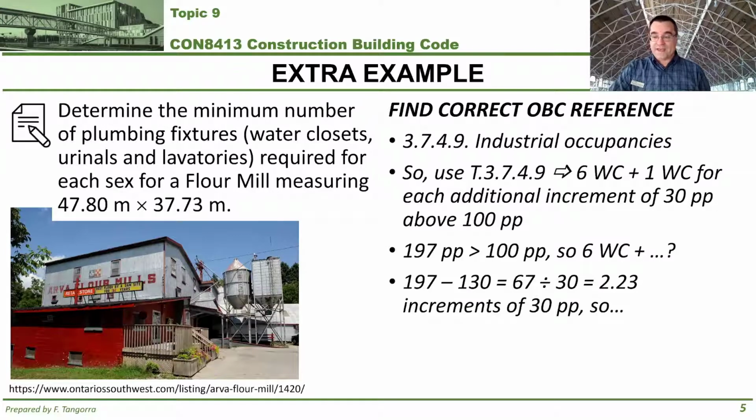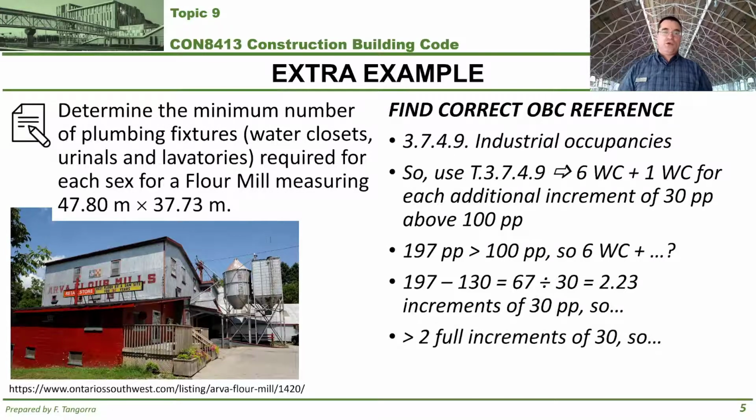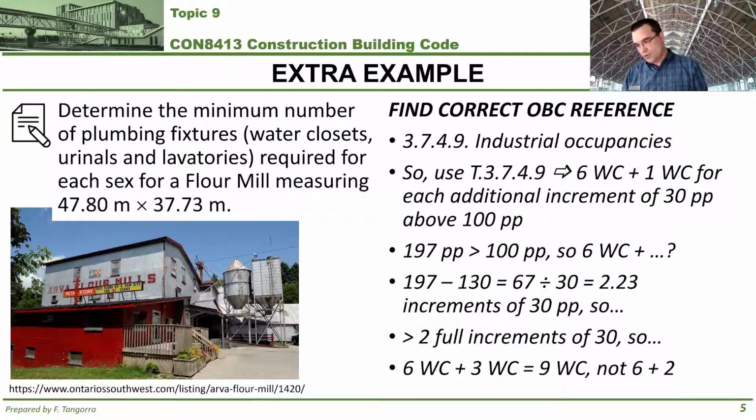That is more than 2 full increments of 30. The smallest whole number that's bigger than 2 is 3. So we get 3 increments of 30. So it's going to be 6 water closets plus 3 water closets equals 9 water closets, not 6 plus 2.